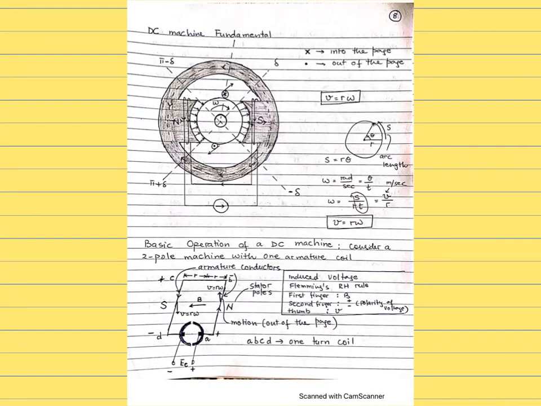Okay, so DC machine, about its basic operation. First, what we're going to do is relate the linear velocity to angular speed or angular velocity. So V is the linear velocity in meters per second, and omega, since it's rotational motion, is the rotational speed, angular velocity, and it's measured in radians per second.